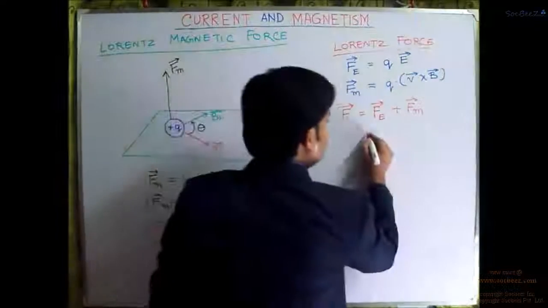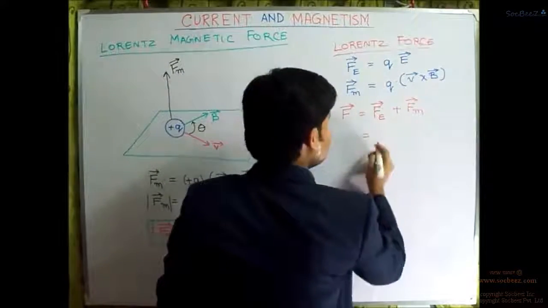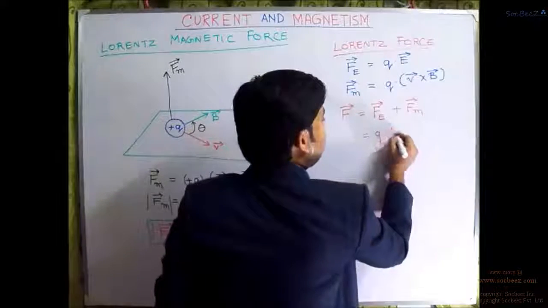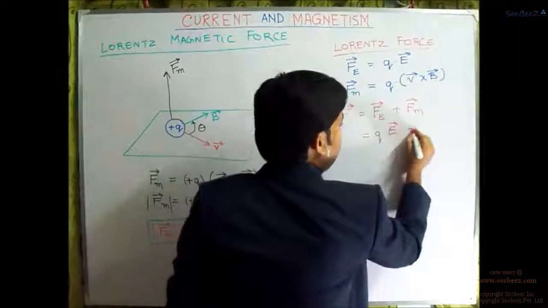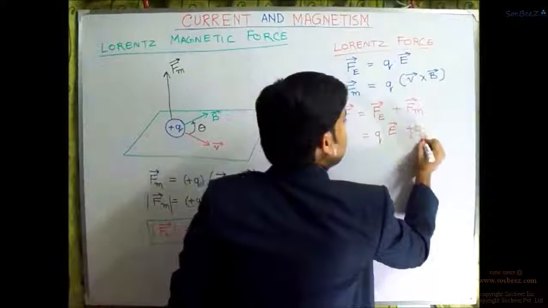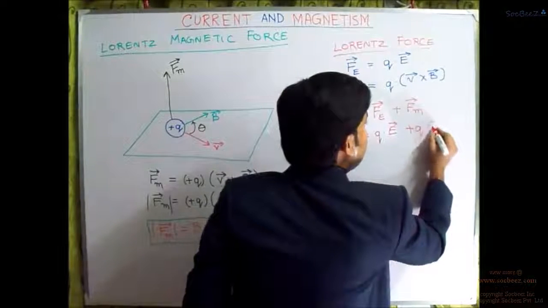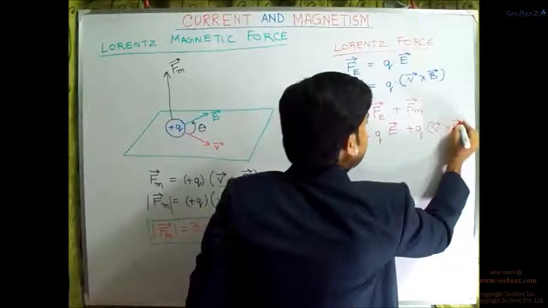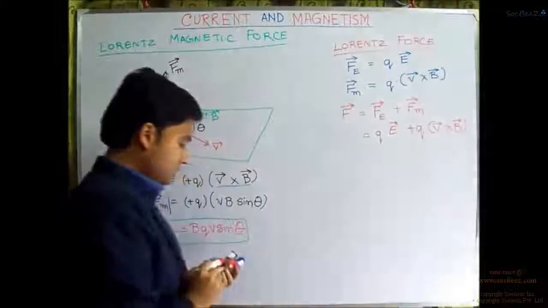We can simply replace this with qE plus q multiplied by the velocity vector in cross product with the magnetic field vector.